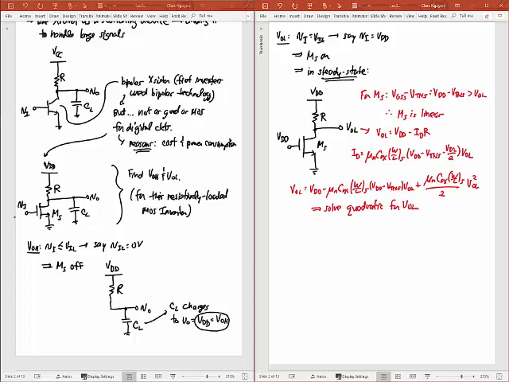Okay? So, when I have my output in a low state, this transistor is in the linear region, and basically the voltage that I have at the output is going to be equal to VDD minus the voltage drop across R, which is basically I sub D, whatever the current is flowing through this transistor times that R.